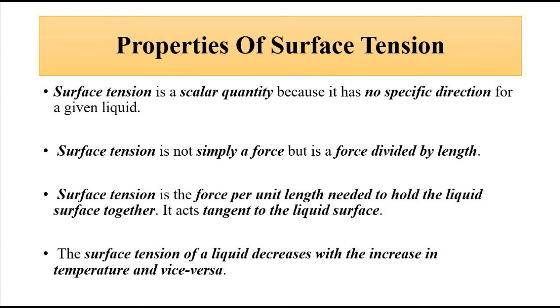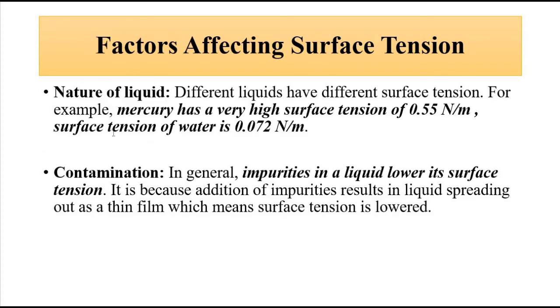So some factors which affect surface tension are the nature of the liquid, the chemical composition. Mercury has a very high surface tension, 0.55 Newton per meter, and the surface tension of water is 0.072 Newton per meter. Another thing which affects surface tension is the presence of impurities.